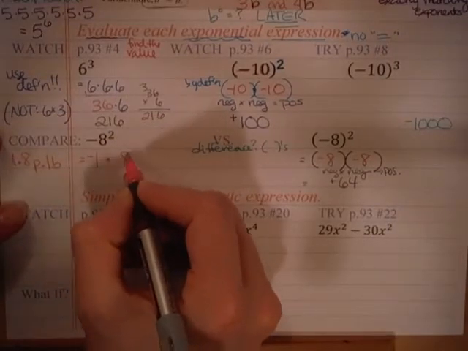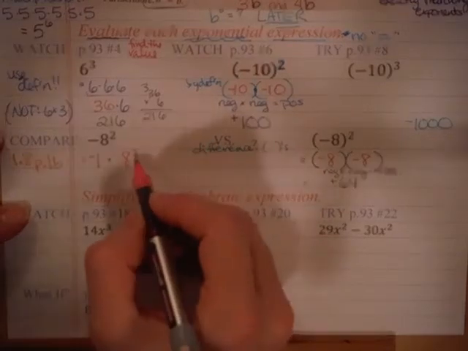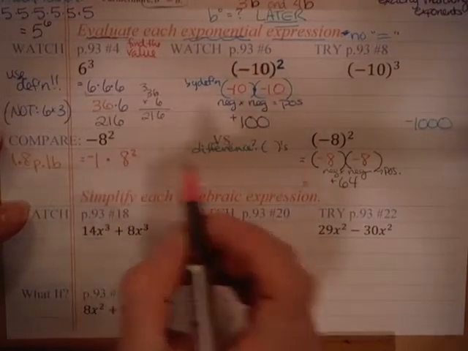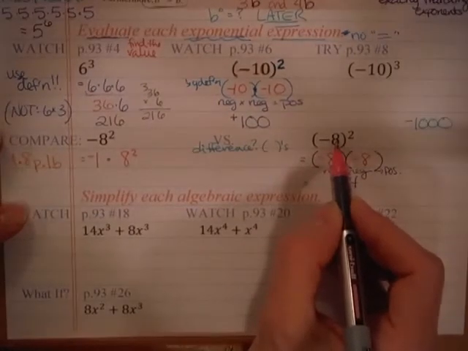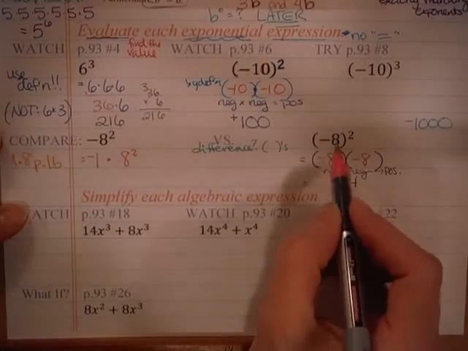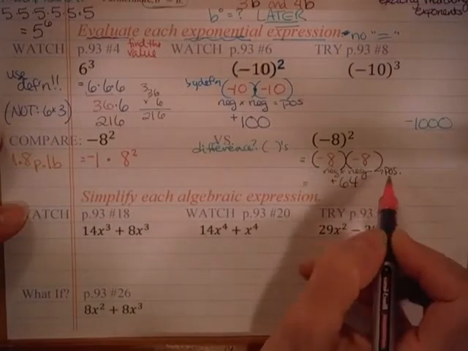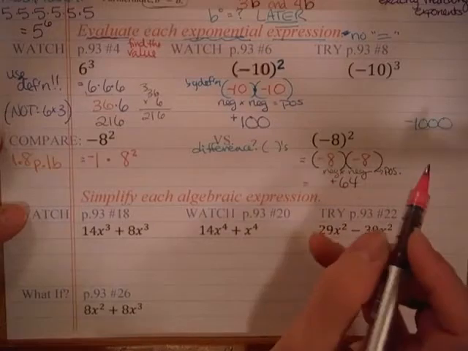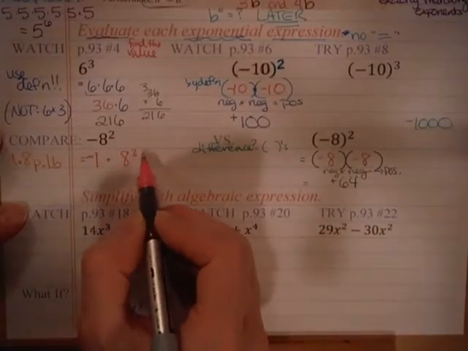This is really negative 1 times 8 squared. Okay? The square only applies to the 8. The parentheses is what holds that negative to the 8 in the second example on the right. And that's what causes the negative to be multiplied by itself twice. That's what gives you the negative times the negative equal to the positive.